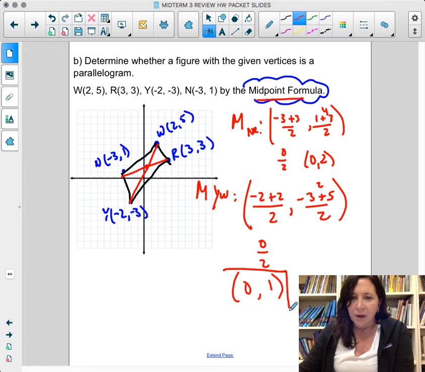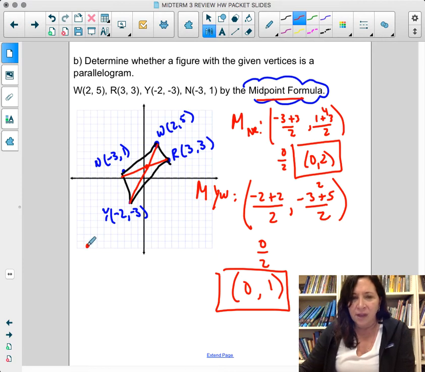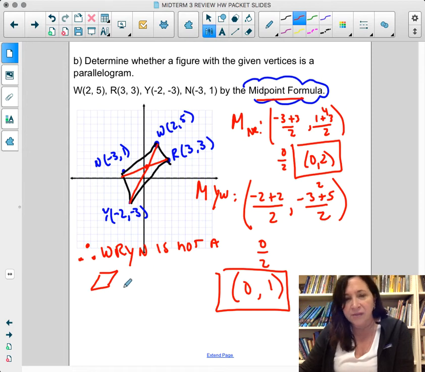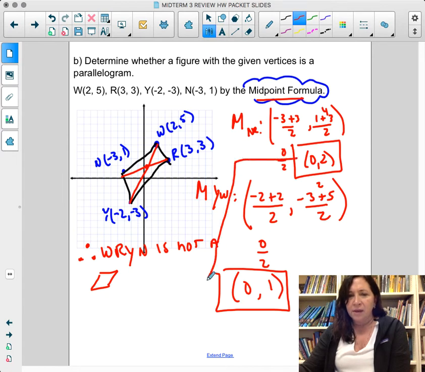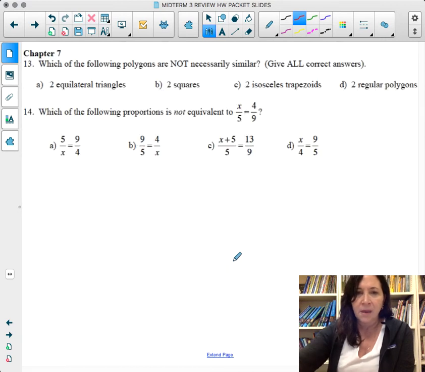So this midpoint is 0, 1, and this midpoint is 0, 2. They don't have the same midpoint, so therefore WRYN is not a parallelogram, and the reason is because the diagonals don't bisect each other. If the diagonals bisected each other, they would have the same midpoint. Because the midpoints are not the same, it's not a parallelogram.